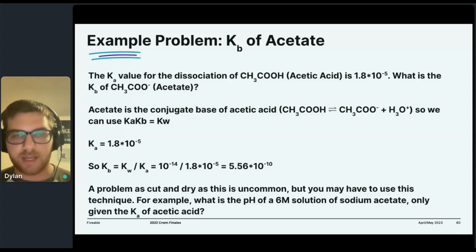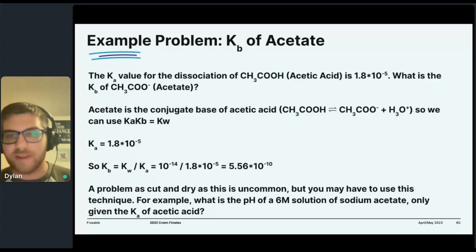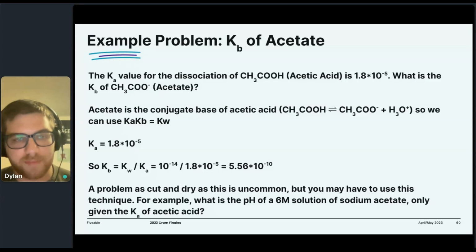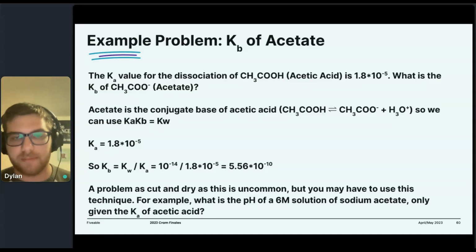And we know that acetate is the conjugate base of acetic acid because if we write out the dissociation, we can see that CH3COOH will react to form acetate, the conjugate base, and H3O plus. So if we know the Ka of acetic acid, we can find the Kb of acetate. So you know Ka is 1.8 times 10 to the minus 5. That was given. Solve for Kb using the formula, plug in the numbers, and you get 5.56 times 10 to the minus 10. It's a pretty cut and dry problem.